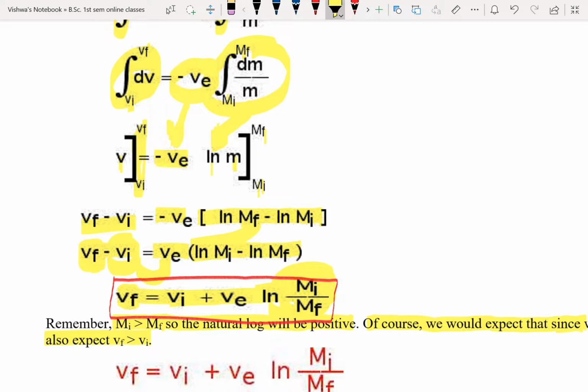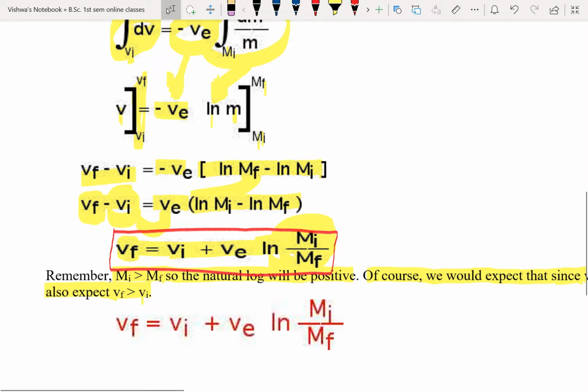So this is the condition: the final velocity of the rocket is greater than the initial velocity. The initial mass of the rocket is greater than the final mass, and the velocity is opposite. The initial velocity is less than the final velocity, so mass decreases, velocity increases, hence the momentum is balanced, that is constant. The final expression is vf equal to vi plus v log mf by mi.